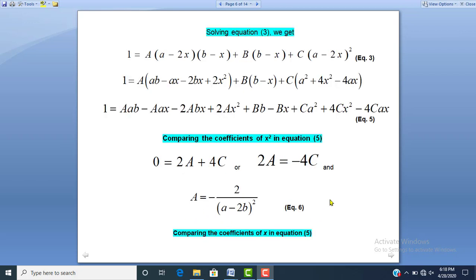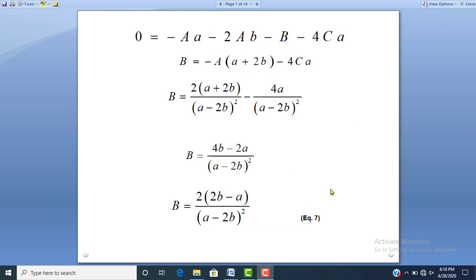Dear students, now we will find the value of b. Similarly, again equation number 5, if we take it in the form to get the value of b, then equation 5 will be 0 is equal to minus a into a minus 2a into b minus b minus 4ca. So this b will be equal to minus a into a plus 2b minus 4ca.